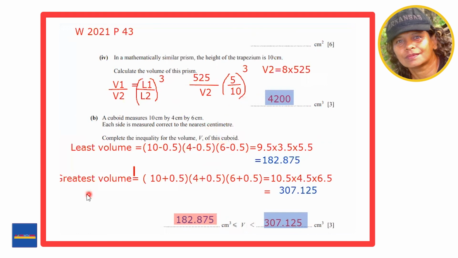So to get the least volume, all the measurements are reduced by half a centimeter. So that means you get 9.5 into 3.5 into 5.5. And that's what I've written here. To get the greatest volume, we add half a centimeter. So you get 10.5 into 4.5 into 6.5, which is what I've written here. And those are the values that go on either side.